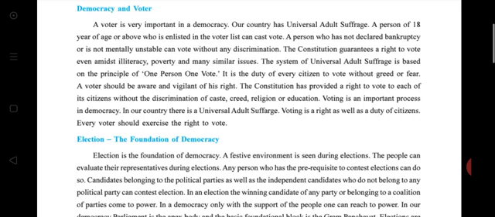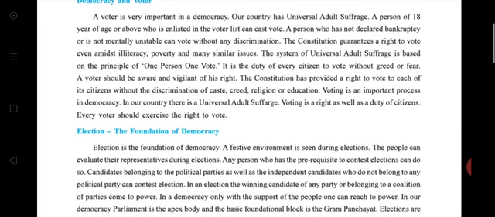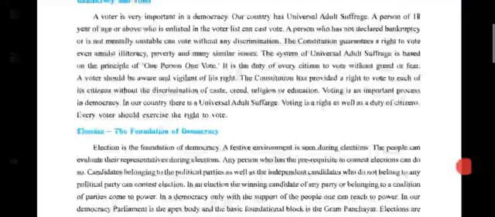The person who is casting a vote in an election is known as a voter. A voter is very important in democracy because democracy is realized by election, and in an election vote casting is done by the voter. So the voter is very important in democracy.